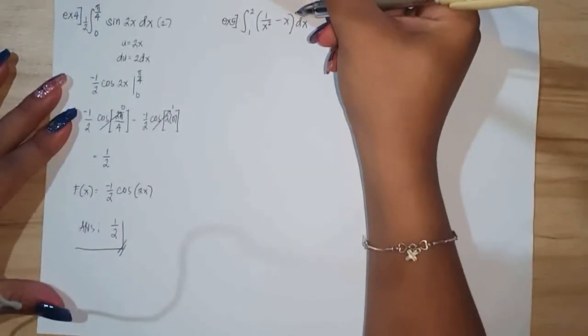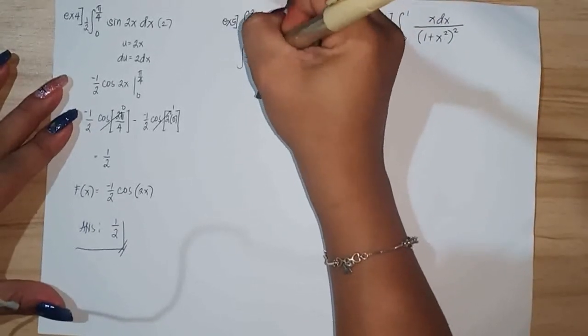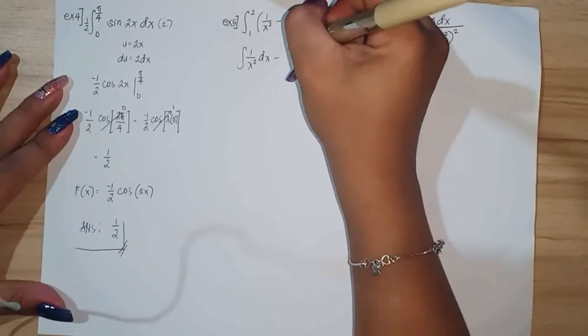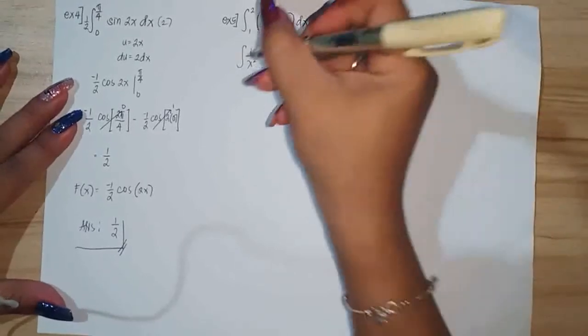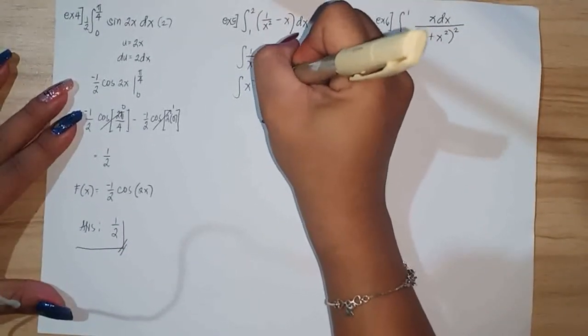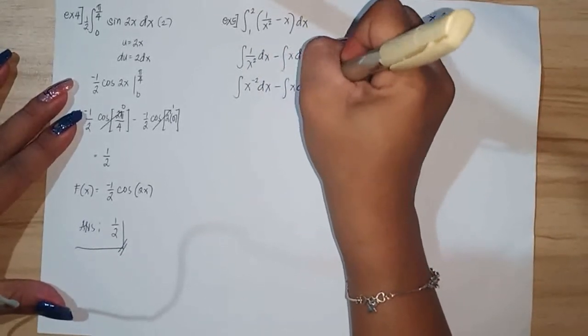Then example number 5 is the integral of the quantity 1 over x squared minus x dx. So evaluating this integral, so that will be the integral of 1 over x squared dx minus the integral of x dx. So 1 over x squared can be simplified as x raised to negative 2 dx minus the integral of x dx.